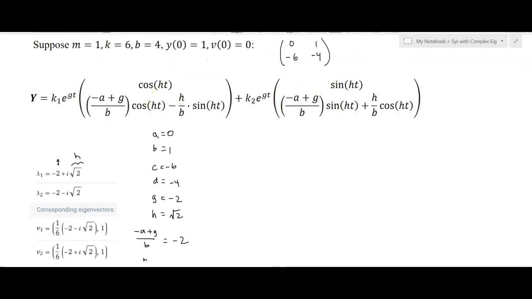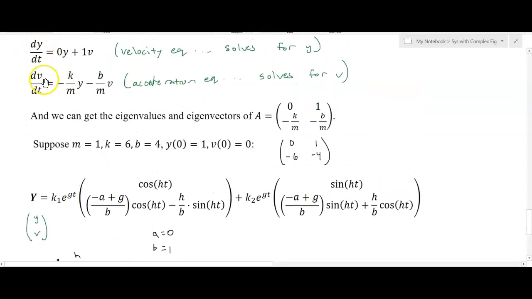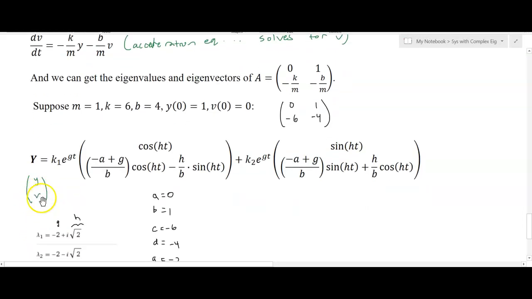Now let's remember that what's inside of this y vector at this moment is the position and the velocity. The reason that is the case is because our equations are dy/dt and dv/dt, so what we'll solve for is the position and velocity. Now it turns out that this second equation, velocity, is not going to be very useful in terms of graphing it.